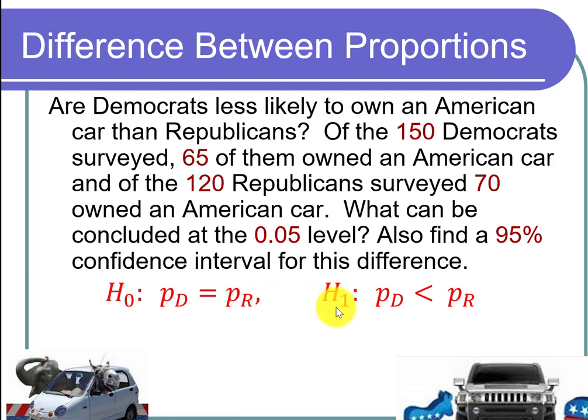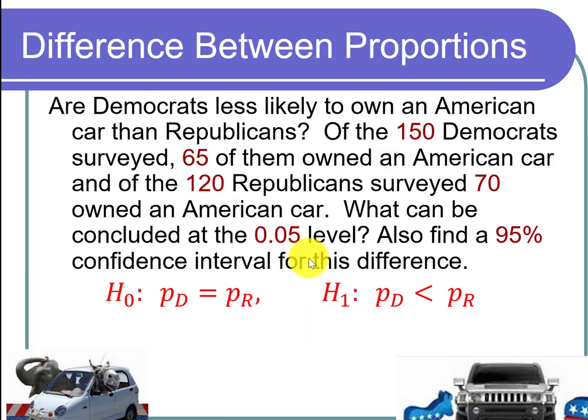Now H1 colon, the alternative hypothesis, is that the population proportion, P sub D, of Democrats who own an American car is less than the population proportion of Republicans who own an American car, because we want to see if the Democrats are less likely to own an American car than Republicans.